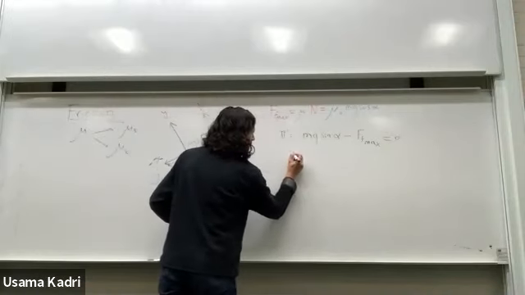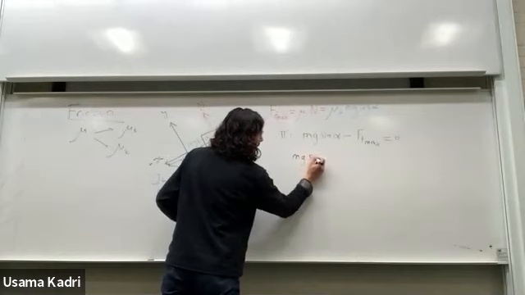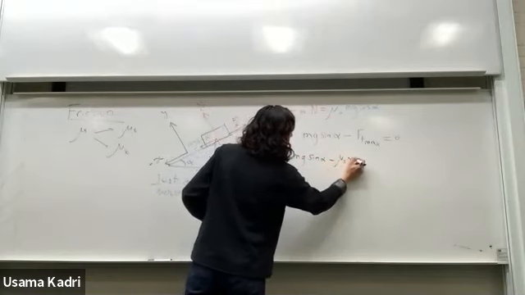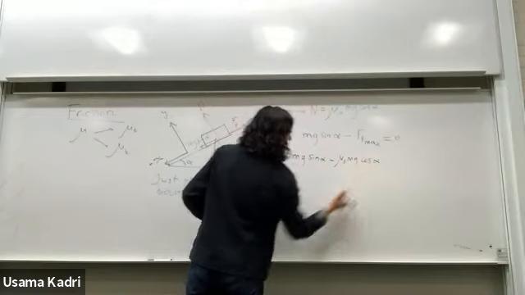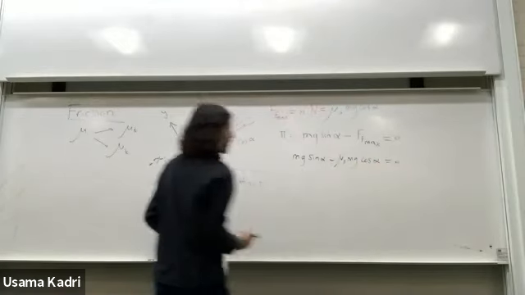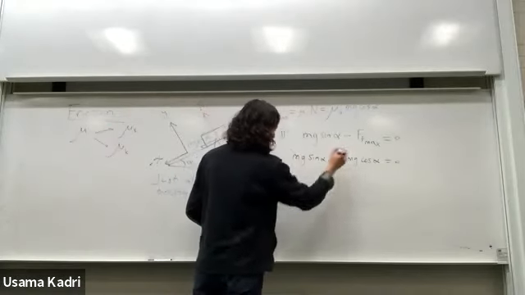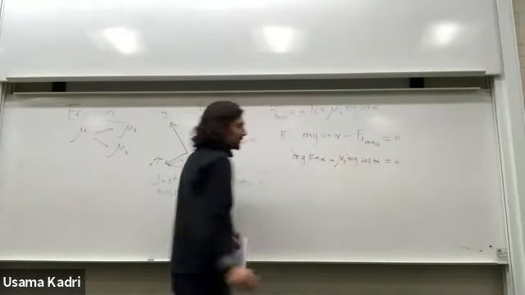So mg sine alpha minus mu s mg cosine alpha equals 0. Now look at this. We lose the m here and the g.